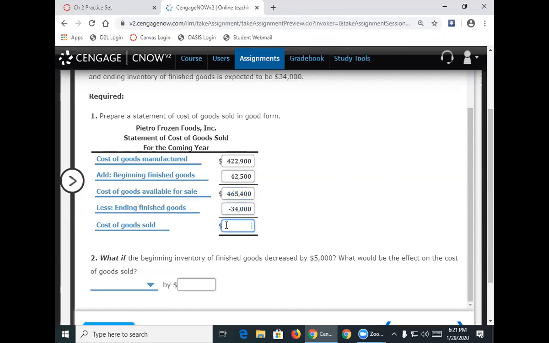And that gives us cost of goods sold. So what's my cost of goods sold? $431,400. Very good. And that's cost of goods sold. So your journal entry there would be a debit to cost of goods sold and a credit to finished goods.